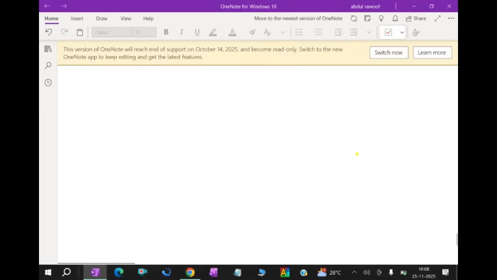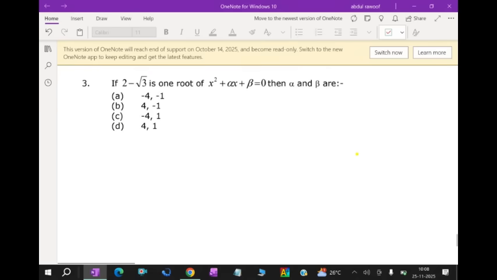Then third question: if 2 minus root 3 is one root of x square plus alpha x plus beta equals 0, then find alpha and beta. Note this is 2 minus root 3. If one root is 2 minus root 3, the other root must be 2 plus root 3 because it's a conjugate.